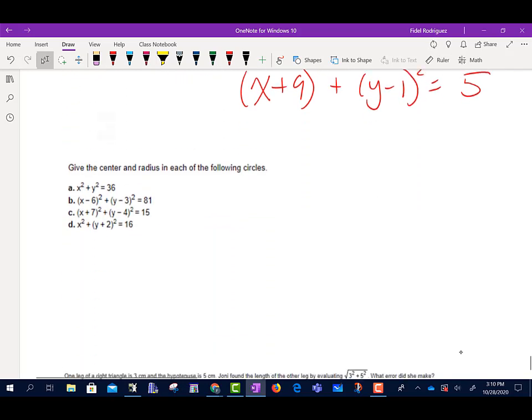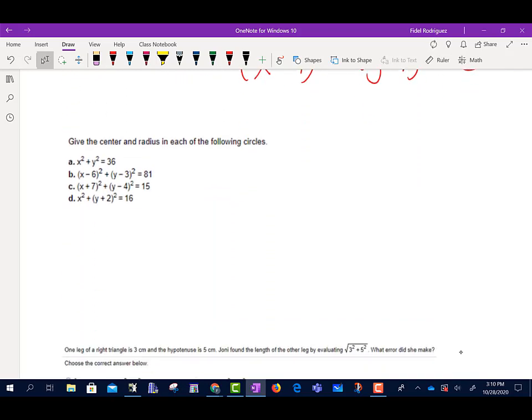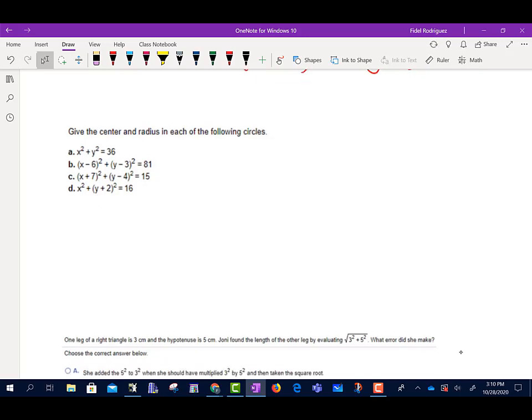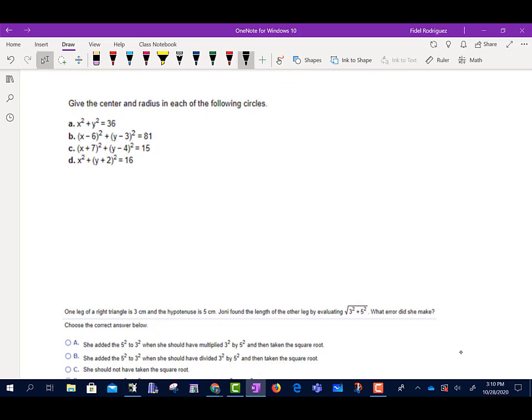And so this here should be the last, there's still a little bit more. Two more problems, guys. Give the center and radius of each of the following circles. First thing I'm going to do, I'm going to write down my formula: (x minus h) squared plus (y minus k) squared equals r squared.